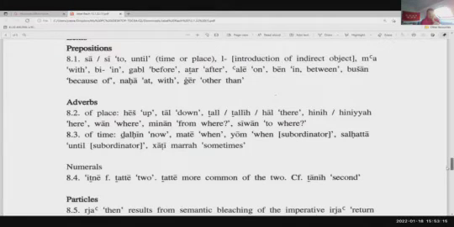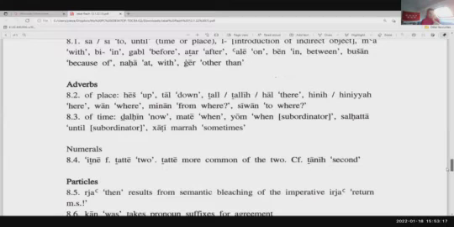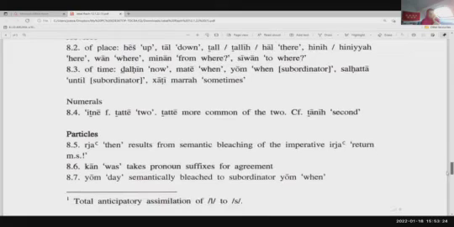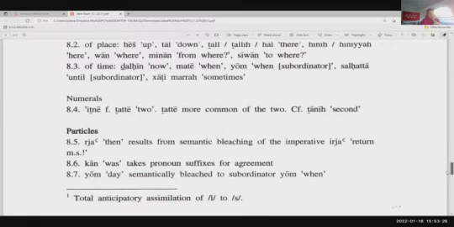Time, yom is used as a subordinator, when. Salhatta, a coordinator, and khati marra sometimes. The numerals, you've got fatta for the feminine, which results from assimilation of n.